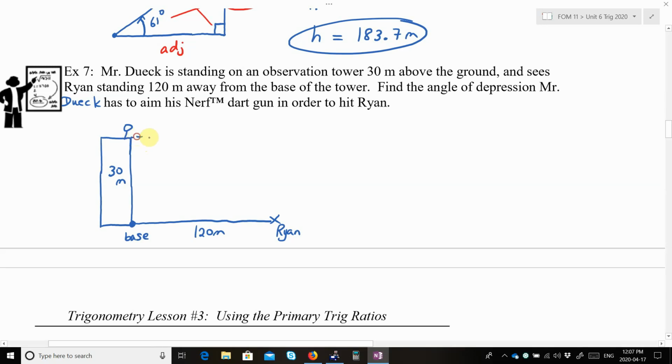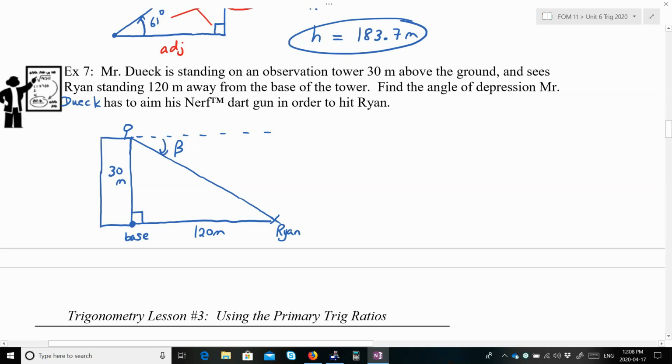Okay, so remember, Mr. Dewick's straight line of sight goes off like that, and the angle of depression from Mr. Dewick's straight line of sight down to Ryan is going to be this. So this is the angle we're interested in. Let's call it beta, maybe. And we're going to kind of have to hopscotch our way there, guys, because we have to work within the triangle first.